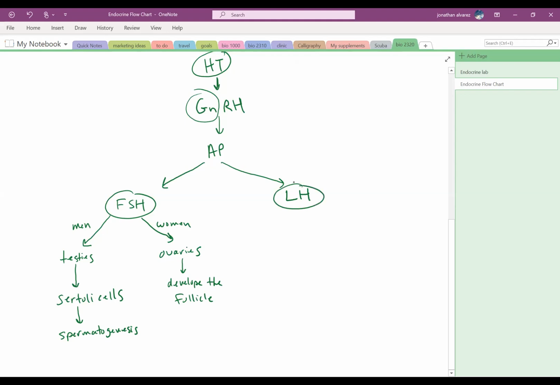The luteinizing hormone for men goes to the testes, specifically to the Leydig cells, and that produces testosterone.